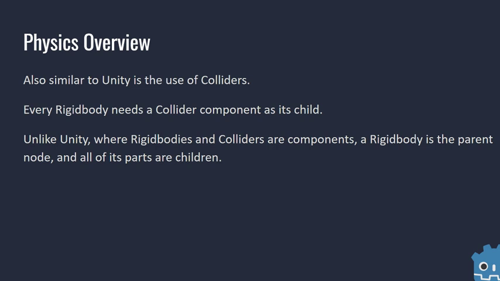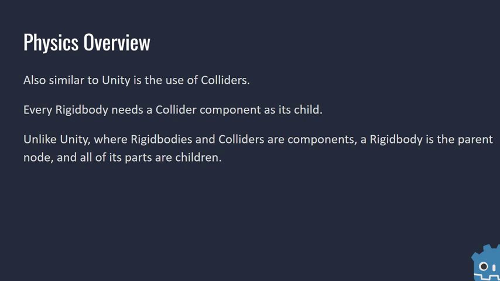In Godot, the physics body is its own node, and the collider is its own node. So how do you make that relationship of a body having all of these colliders? Well, you have the collider be a child of the rigid body.